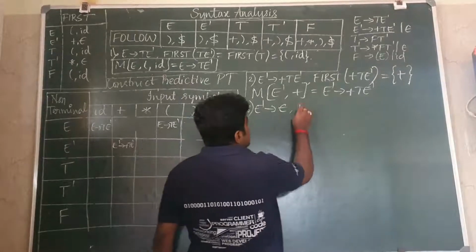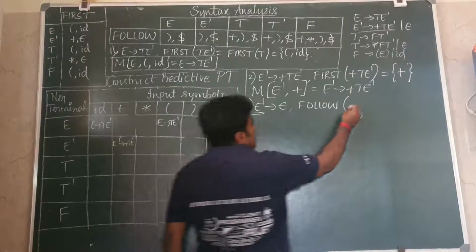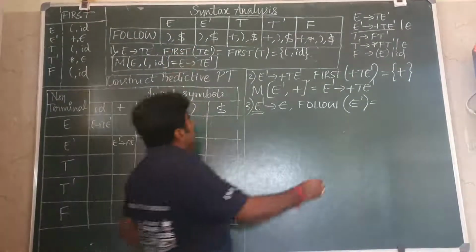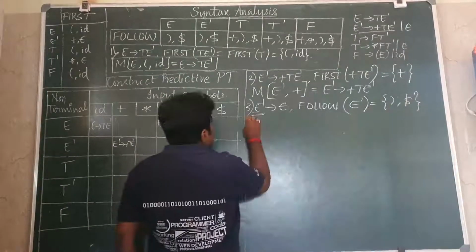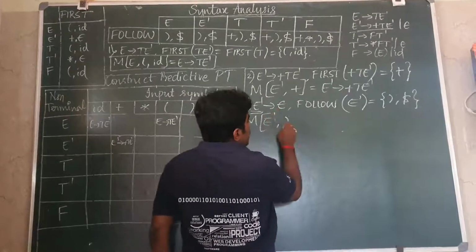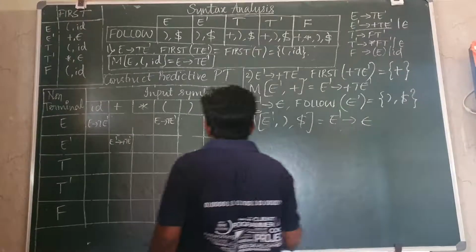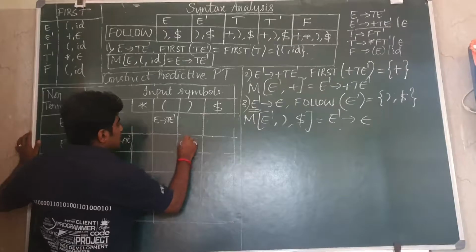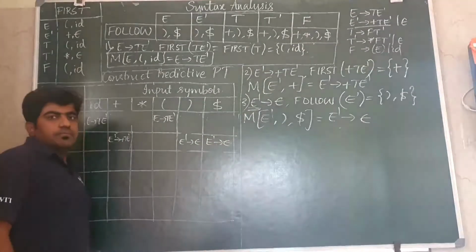Then we have to calculate follow of this non-terminal, follow of E dash, which we already have: closing bracket and dollar. What is the meaning? In parsing table M, from non-terminal E dash on closing bracket and dollar, we include E dash tends to epsilon. So from E dash on closing bracket include this one, and for dollar also. Got it?